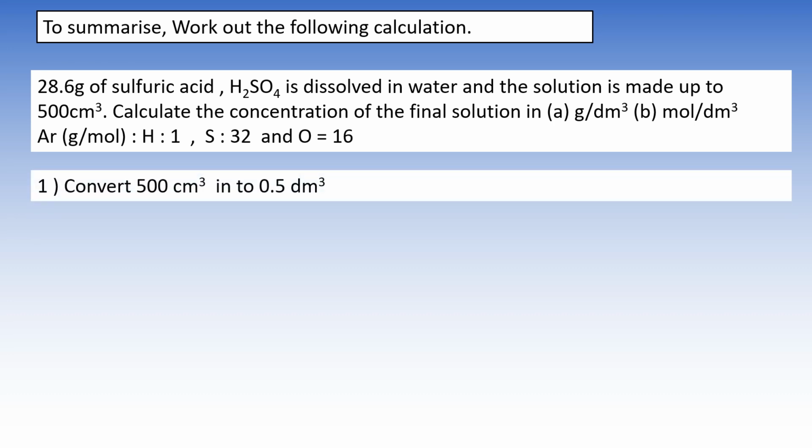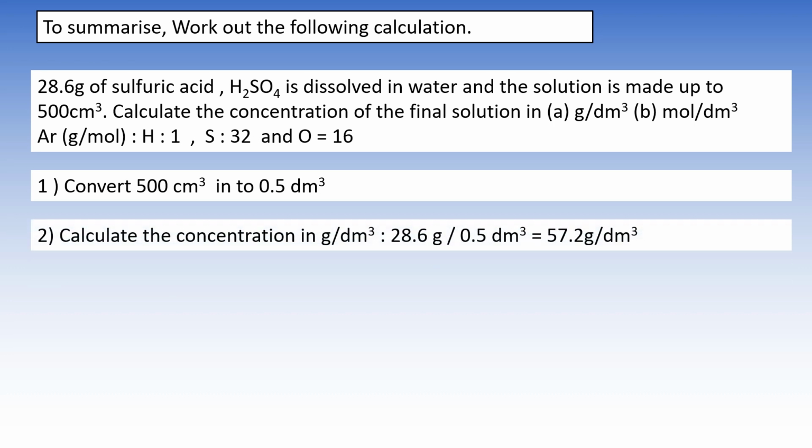Step 1 involves conversion from 500 centimeter cube to 0.5 decimeter cube. Step 2, we calculate the concentration in grams per decimeter cube: 28.6 grams divided by 0.5 decimeter cube gives us 57.2 grams per decimeter cube.